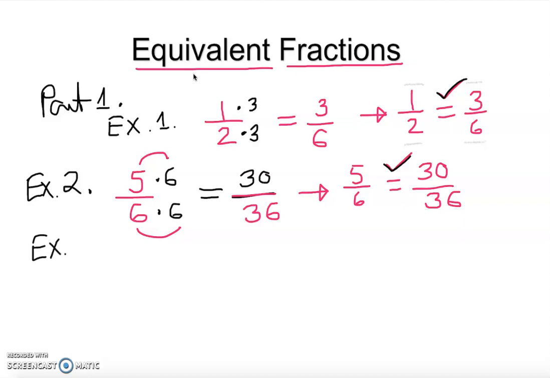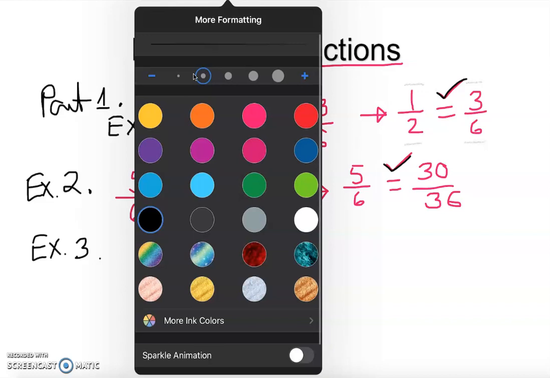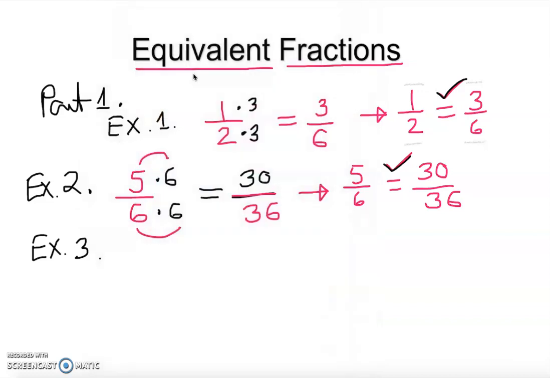Okay, let's have example number 3. This time we have another one, maybe 4/5. I'm going to do the same thing. I'm going to multiply by, let's have a big number, 10.